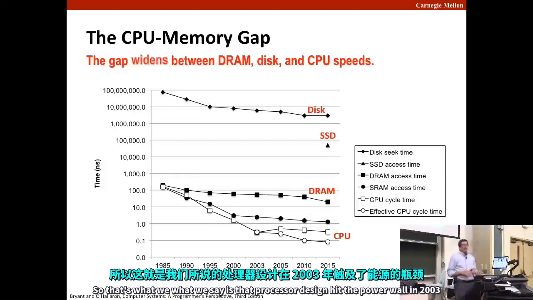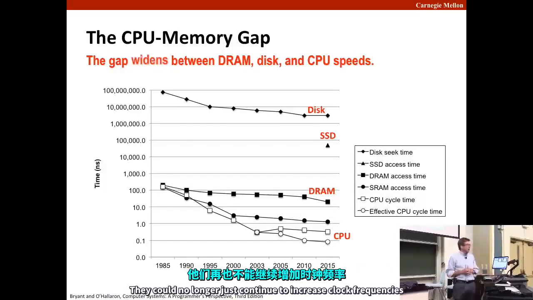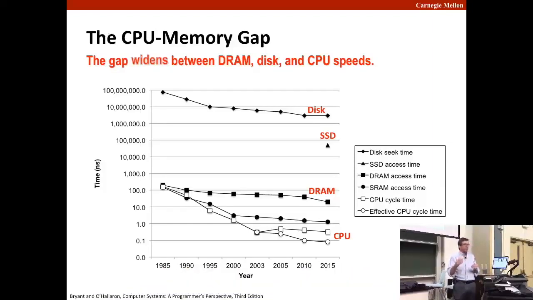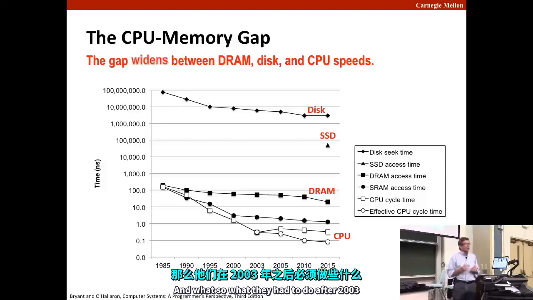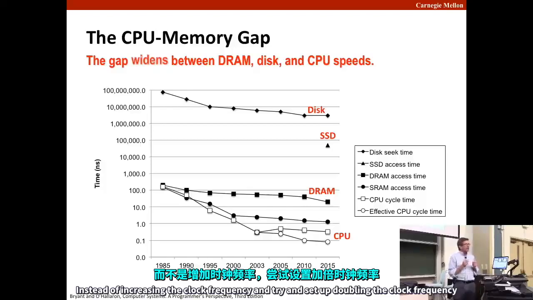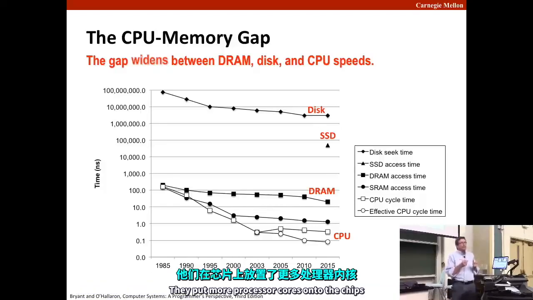So that's what we say: processor design hit the power wall in 2003. They could no longer just continue to increase clock frequencies to make faster computers. What they had to do after 2003, instead of doubling the clock frequency, was put more processor cores onto the chips.